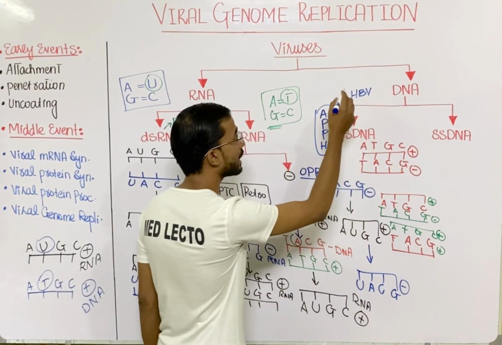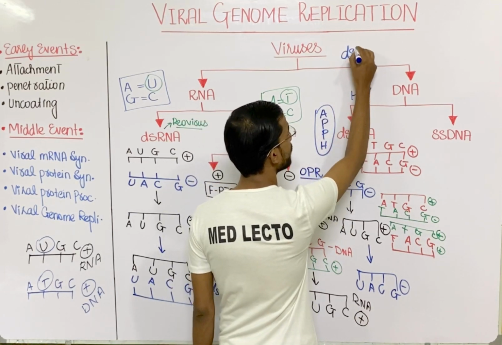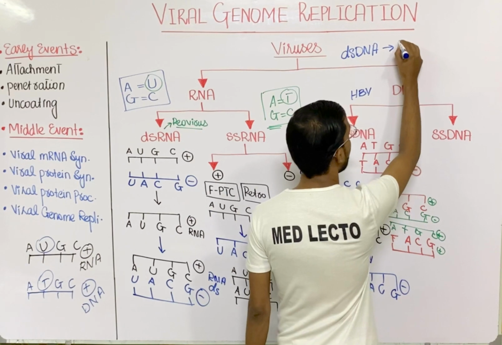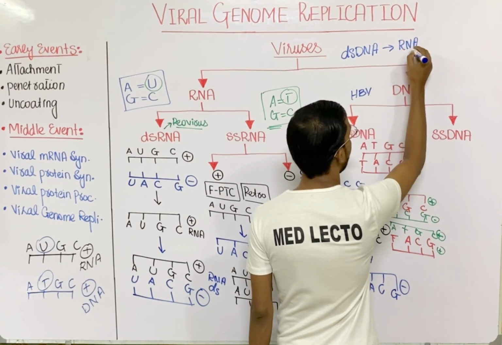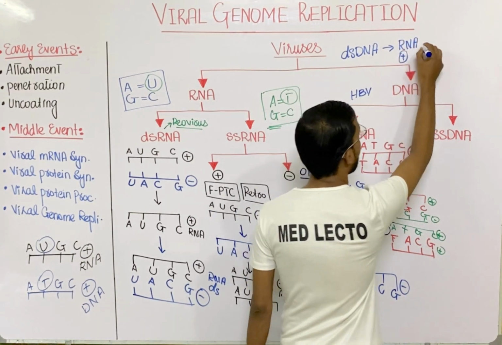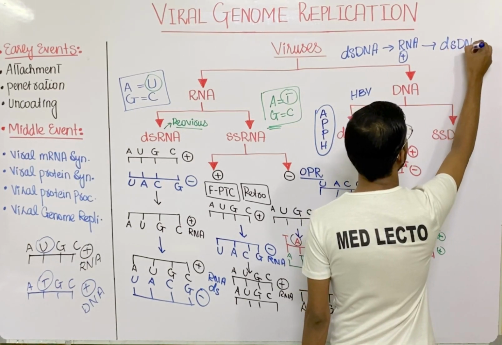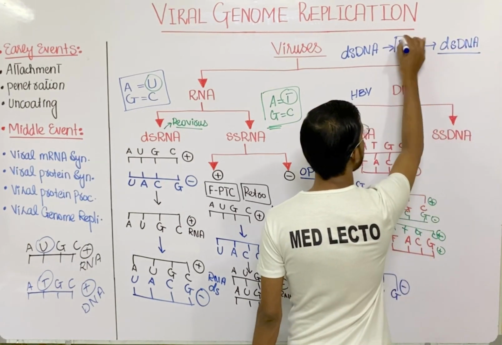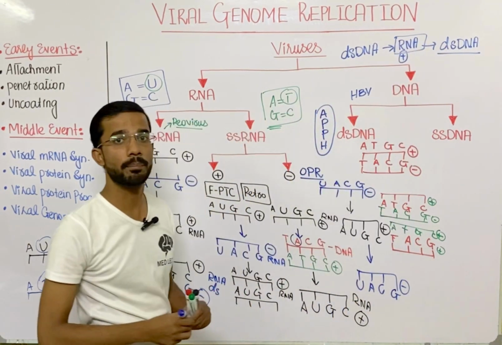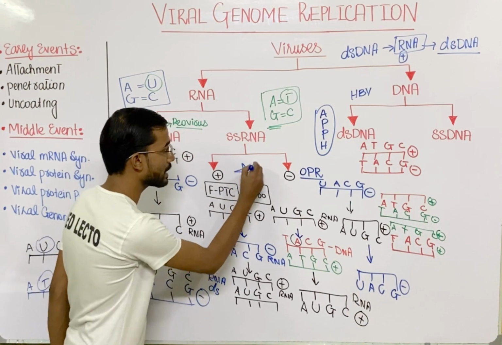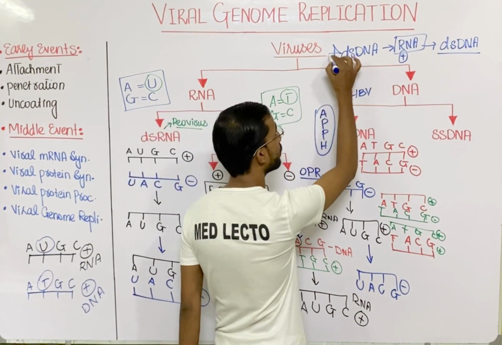Hepatitis B virus is a double-stranded DNA. It will first form the positive RNA. After that, it will form the double-stranded DNA. So here is again an exception in case of hepatitis B virus. So basically two exceptions: retrovirus and hepatitis B virus.